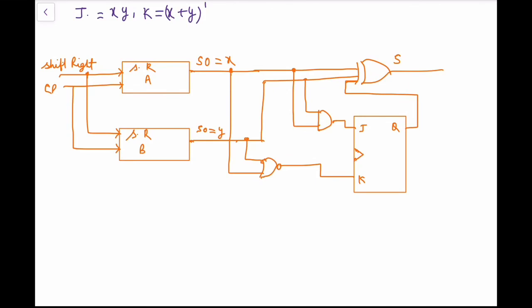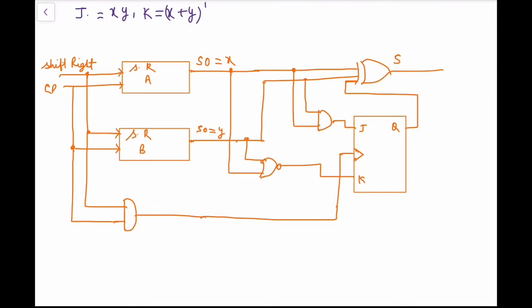There must be a clock pulse also for the JK flip flop. Whenever the clock pulse CP is high and whenever the shift right input is high, then the clock for the JK flip flop must be high, so it will operate.